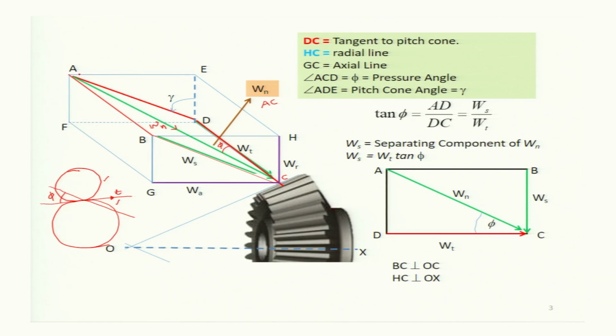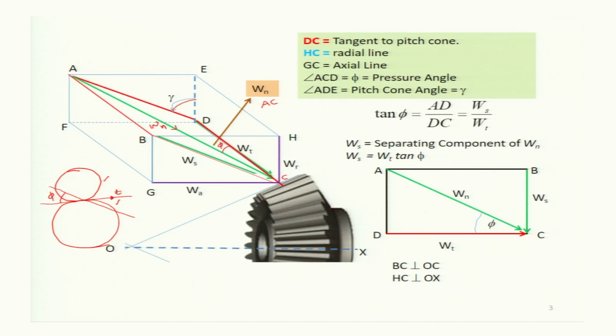And the angle ADE is the pitch angle gamma, because this is the angle between the planes on which normal load acts for the case of spur gear and for the case of bevel gear.